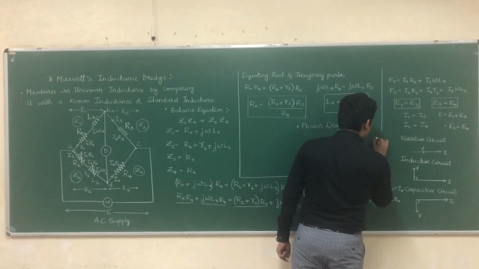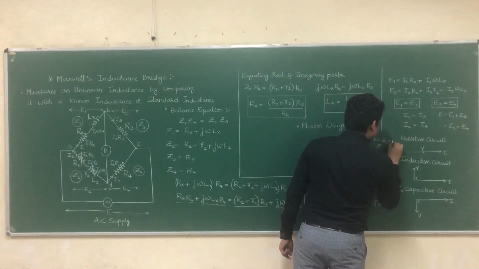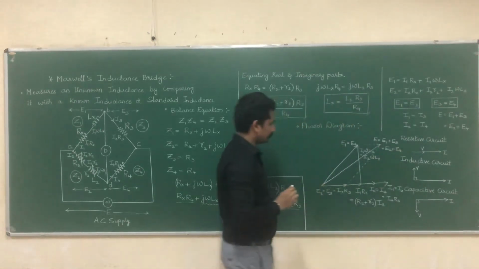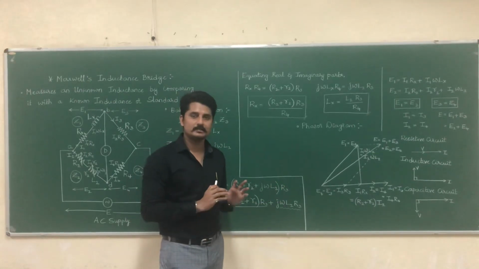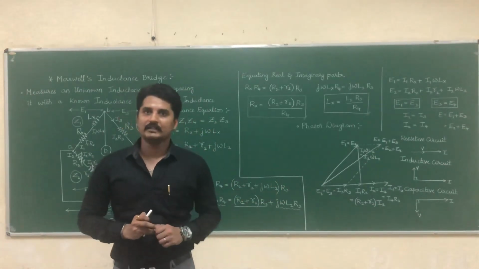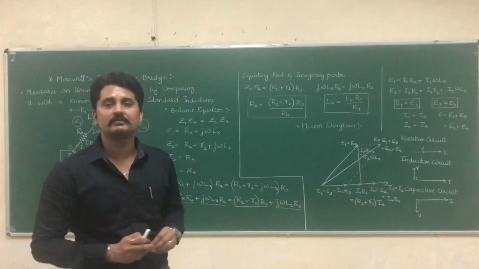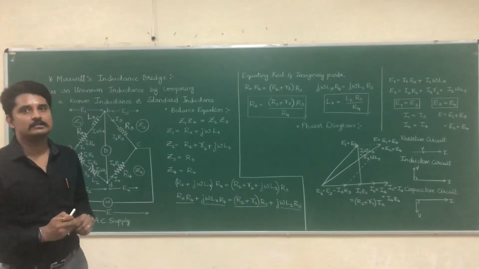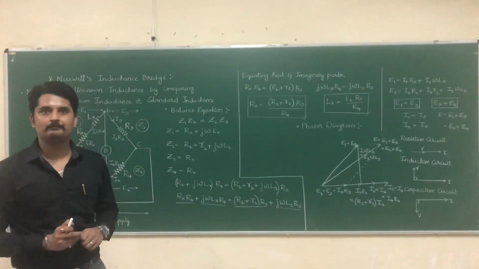This is E, which is equal to E1 plus E3, or which is also equal to E2 plus E4. That's it. This is how we analyze the phasor diagram with the help of the circuit. Clear? Thank you.